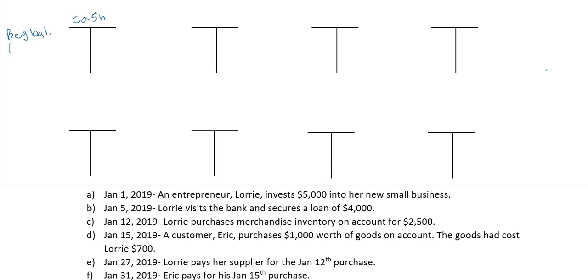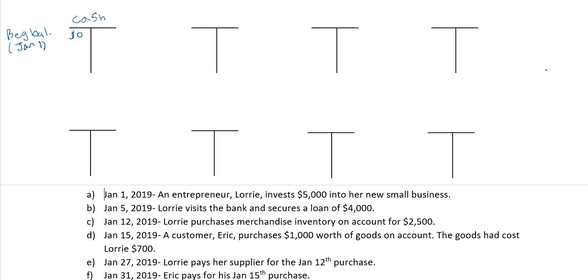Beginning balance, January 1st. We're going to put a dollar sign on the left side since cash is typically a debit account in its normal state. So we have a beginning balance of zero.